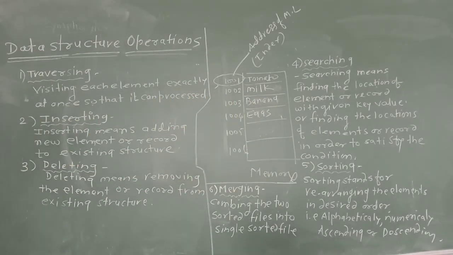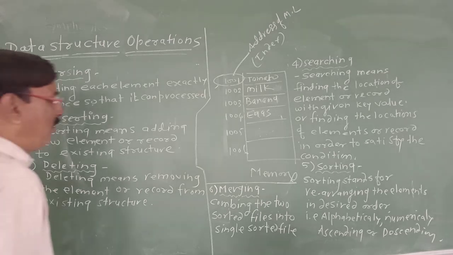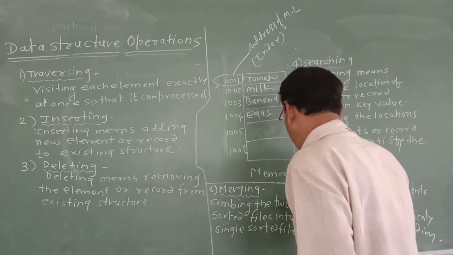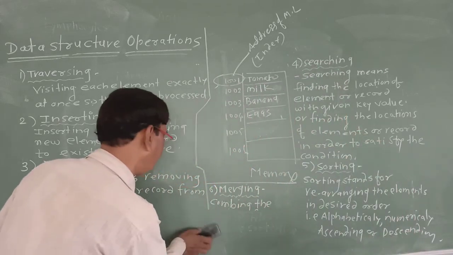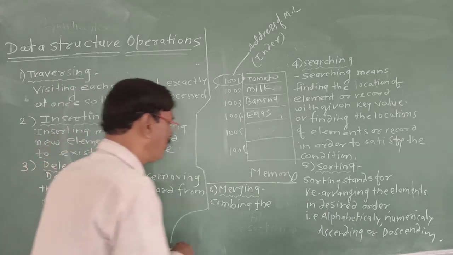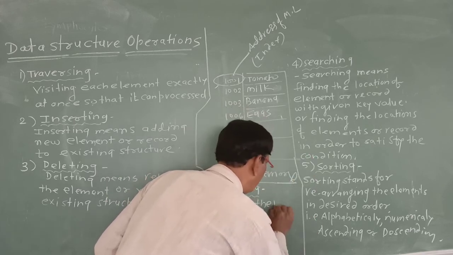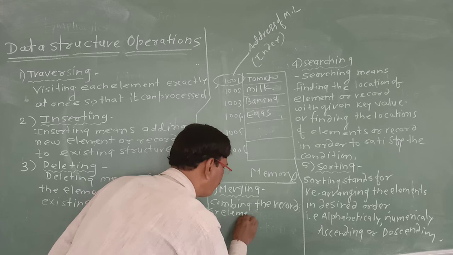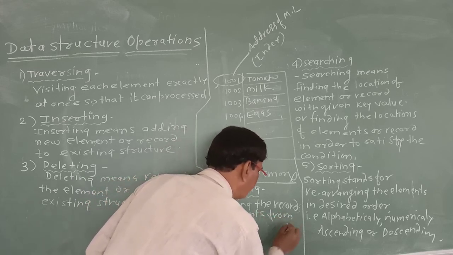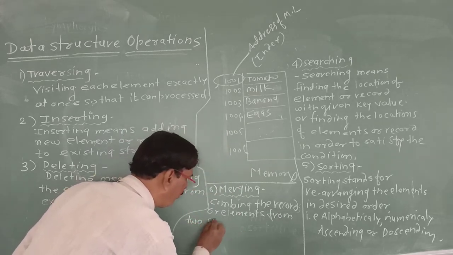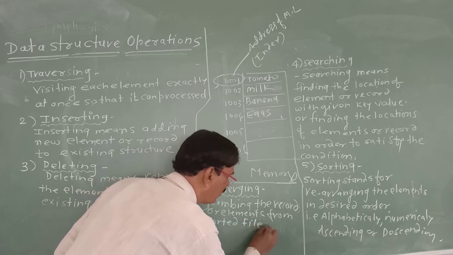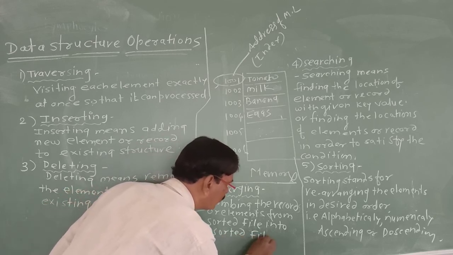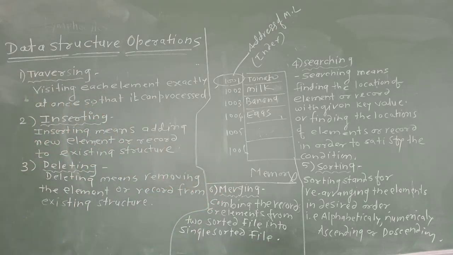So merging means combining the records or elements from two sorted files into a single sorted file. So that is called merging.